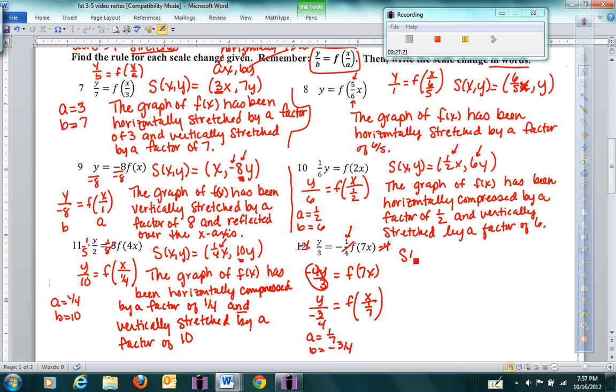Okay, so our rule would be 1/7 x, comma, -3/4 y. To tell what happened, the graph of f of x has been, then we have to tell this, this, and this.